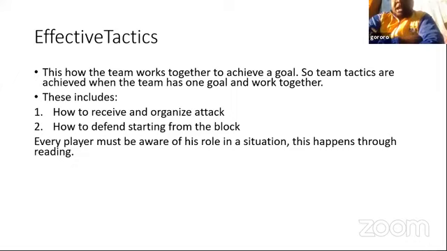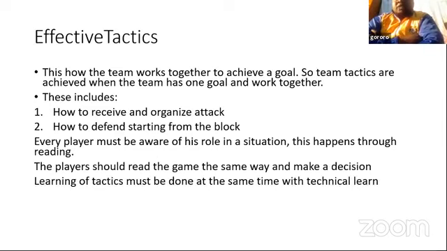Team tactics are achieved when the team has one goal and the team is working together, which includes organization on how to receive the ball, organization on how to attack, and how to defend, starting from the block. Each and every player must be aware of his or her own role in any situation. And this happens also through reading. So reading is also a major thing that we need in order for our tactics to be effective.